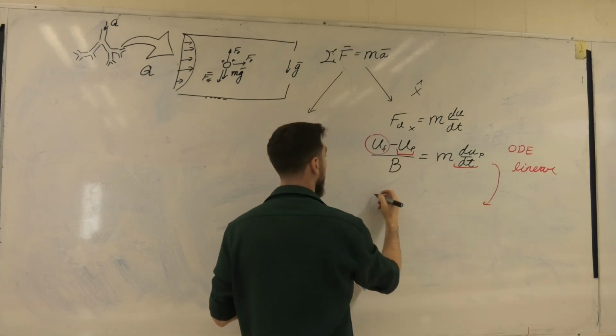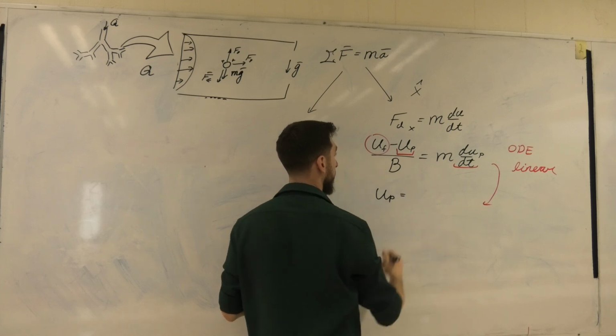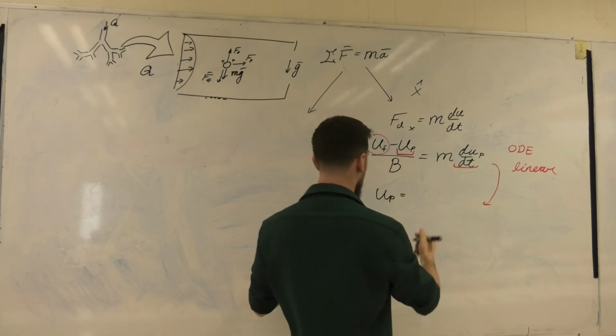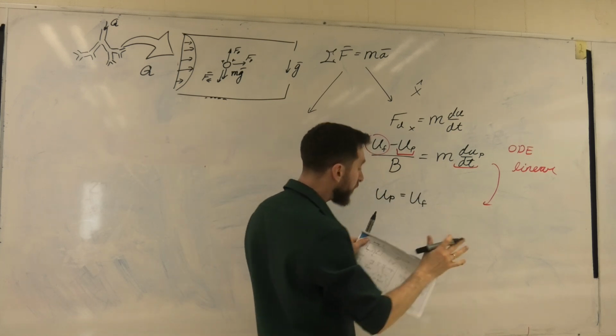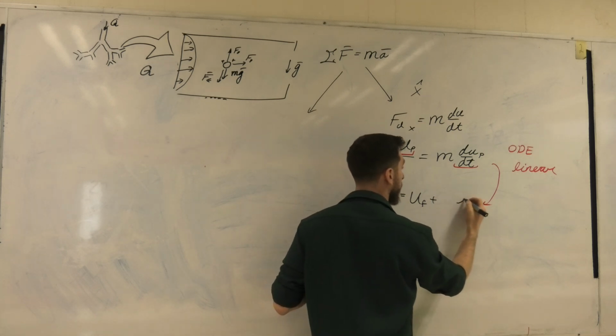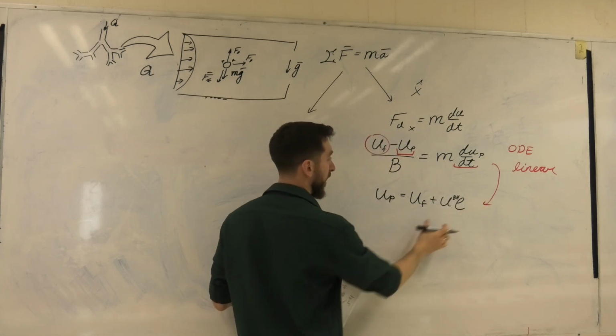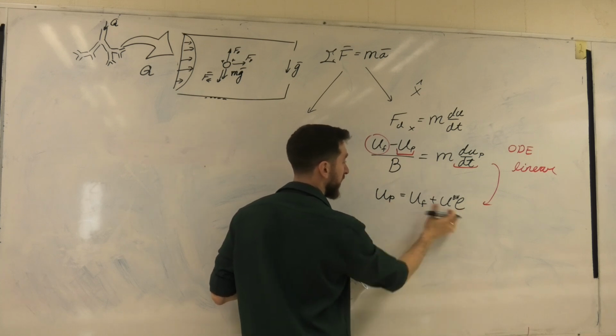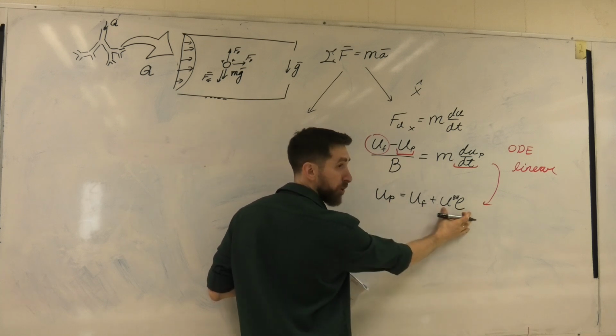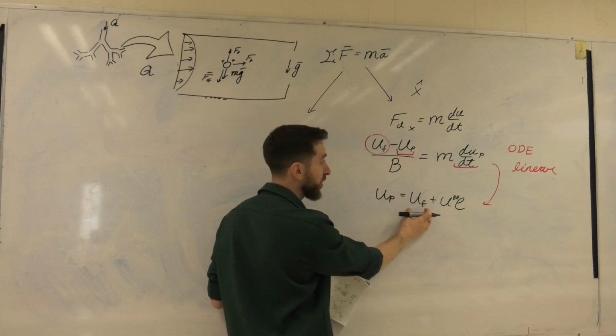The solution would be that the velocity of the particle in the x direction is the velocity of the flow with some modification because of the difference that we have here. So this is the homogeneous solution. This is the particular solution.